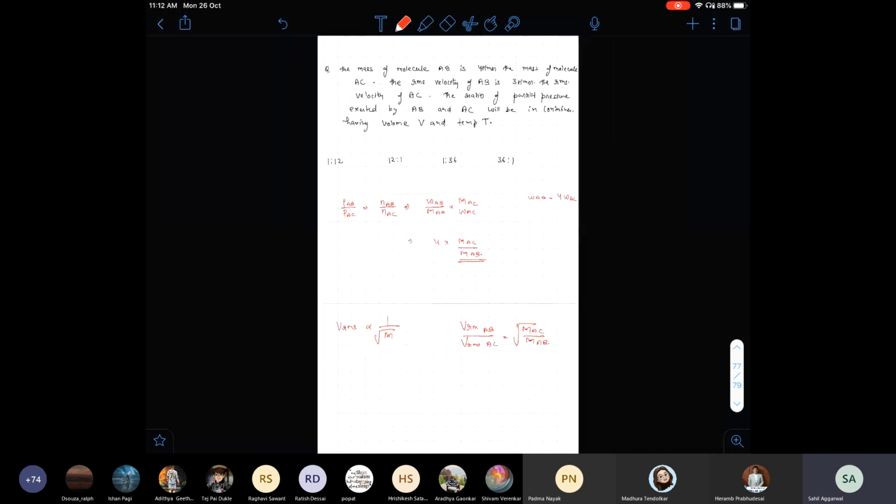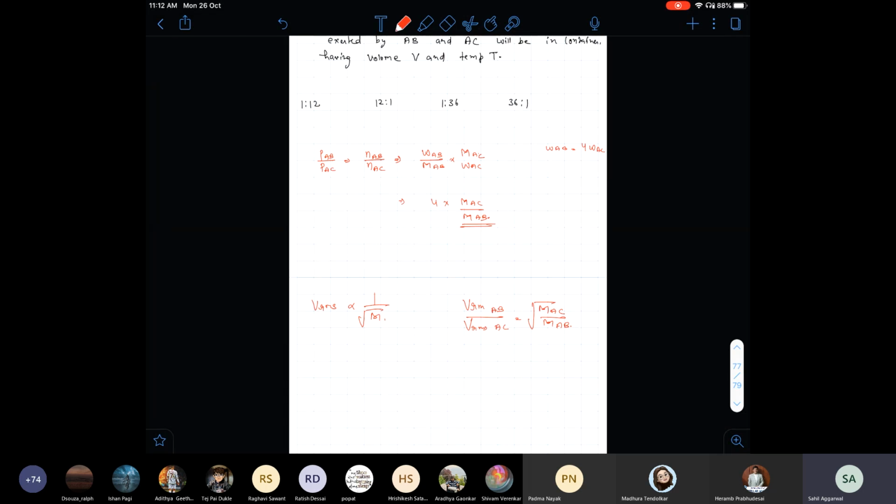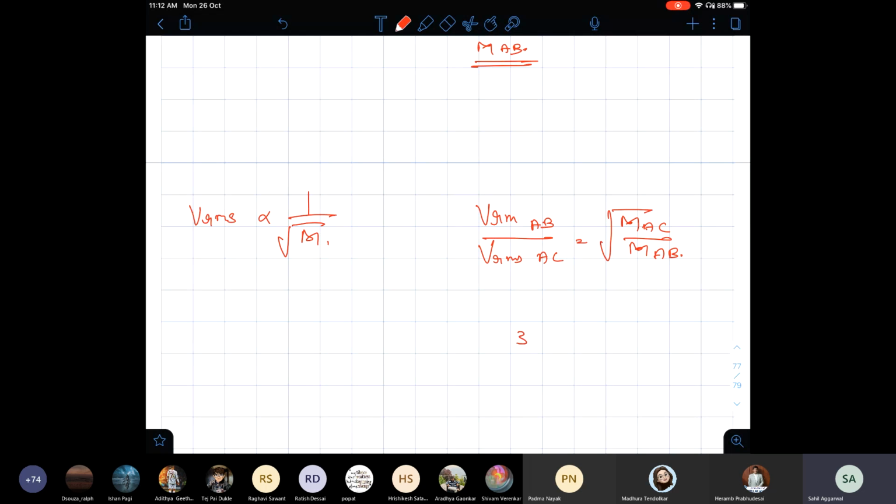We are given that RMS velocity of AB is 3 times the velocity of AC, so this value will become 3. 3 will be equal to root of MAC by MAB. Squaring both sides, 9 will be equal to MAC by MAB. That's it.